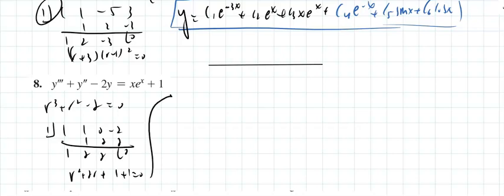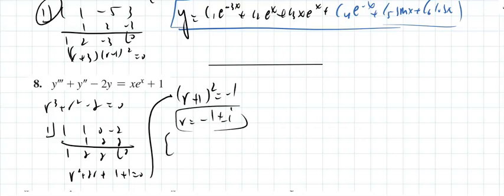So that is r plus 1 squared equal negative 1. Take the square root of both sides and you get, so the fundamental set is e to the x, e to the negative x cosine of x, e to the negative x sine of x.